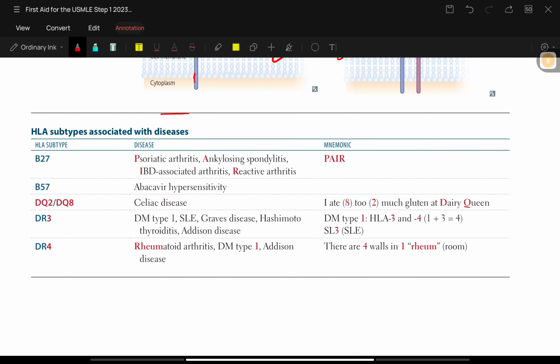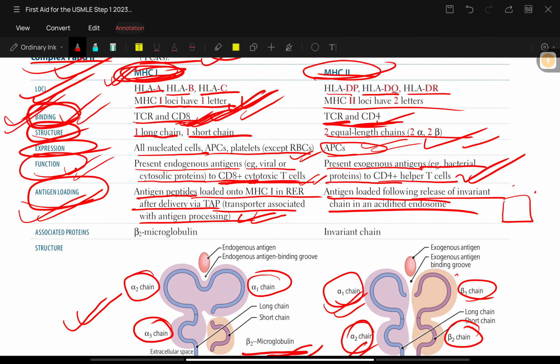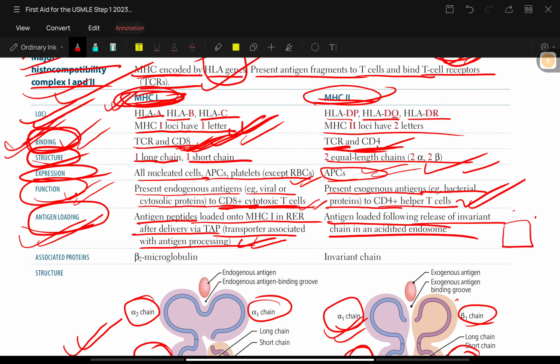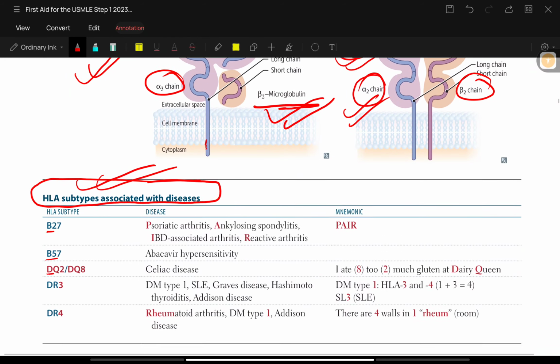Now talking about HLA subtypes associated with diseases. So here we can see single letters, which we have already remembered as mnemonics above, that HLA-A, HLA-B, HLA-C, single letter, consist of MHC class 1.